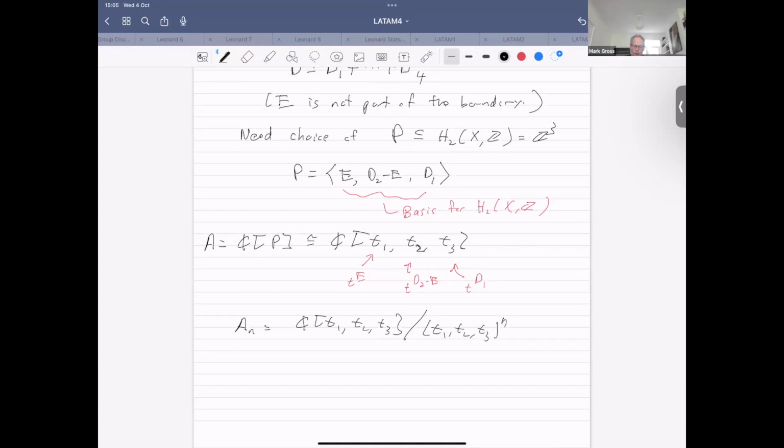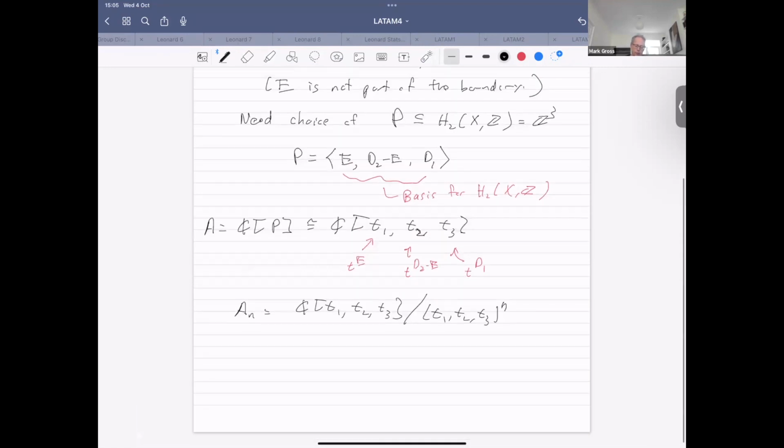So this was the kind of ring I was talking about last time where I said, well, let's take C[P] modulo an ideal such that it's a finite dimensional vector space. So it's enough to do the construction of these A_N for all N. Okay, so that's the starting data.